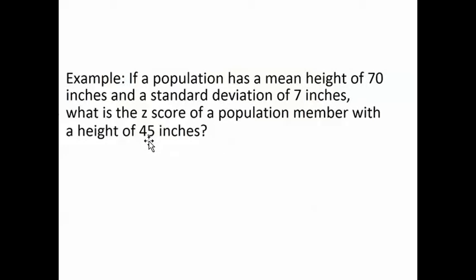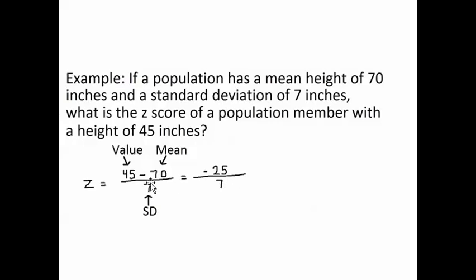To find this person's z-score, we just subtract the person's data value of 45 by the mean of 70 and divide by the standard deviation of 7. So we can do this in just a few steps. First, we have to subtract on top of the fraction. So 45 minus 70 equals negative 25. Now that we've subtracted on top of the fraction, we just divide by the standard deviation on the bottom.